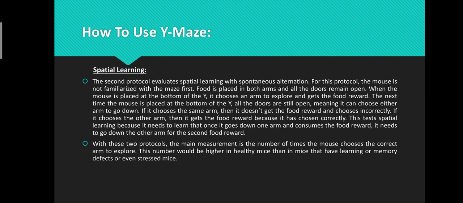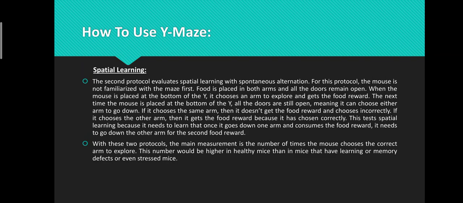After that, the second protocol is spatial learning. The second protocol evaluates spatial learning, which is spontaneous alternation. If we talk about this protocol, the mouse is not familiarized with the maze first. Food is placed in both arms and all the doors remain open.